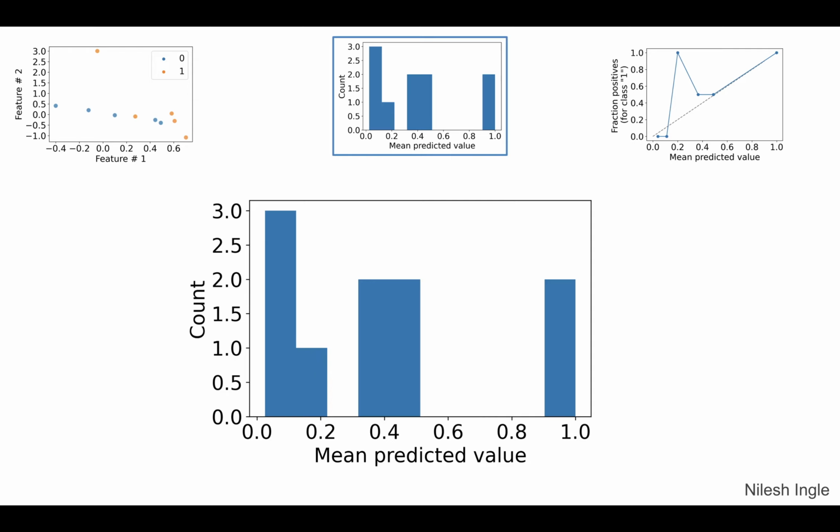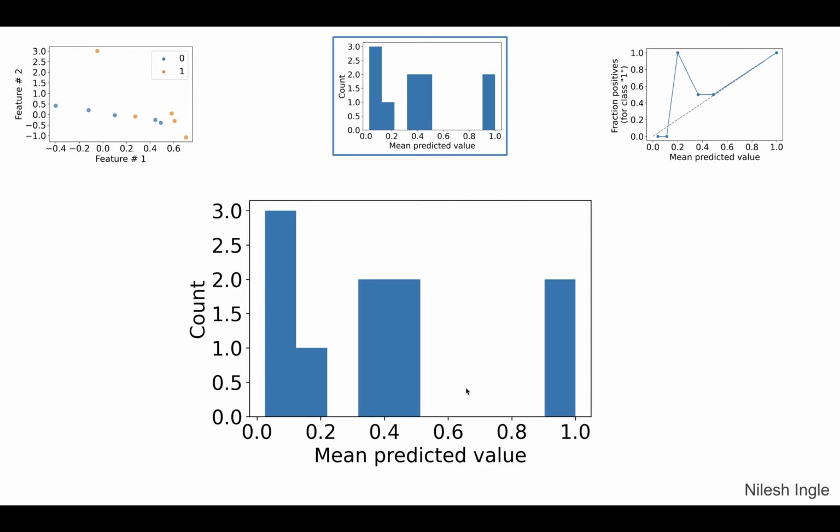So let's say in bin 1 we have values such as 1 1 0. In this case we have 2 ones out of 3 total, so we're looking at a true probability value of 2 by 3. In that bin we'll also have the predicted probability values from the classifier, so we can get the sum total of those probability values and then divide by the count to get the mean predicted probability value.